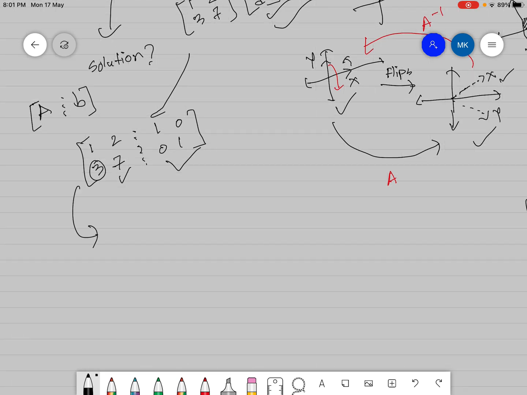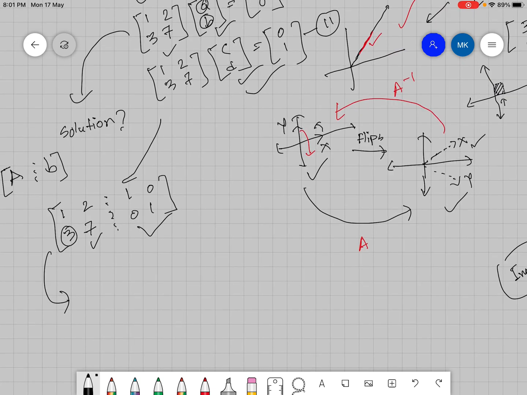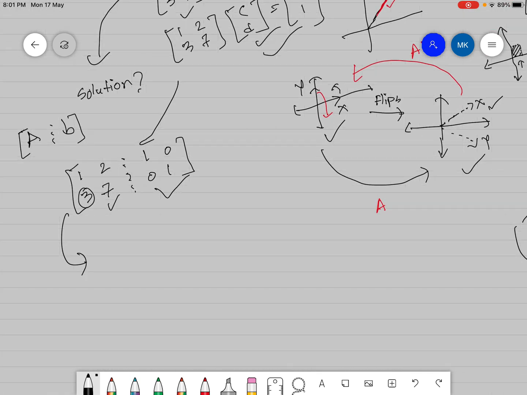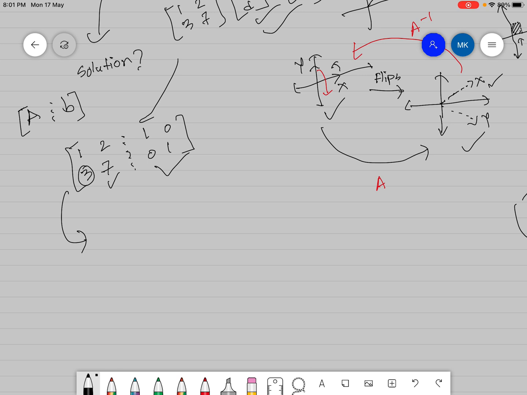If we do the operation, if I multiply 3 times row 1, so row 2 is row 2 minus row 1 into 3, so I'll get 1 2, 0 1.